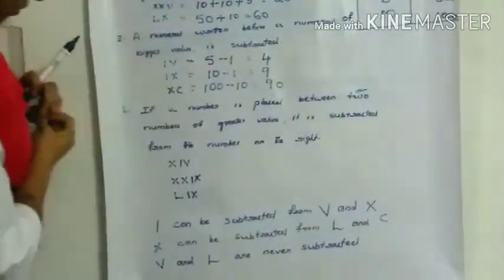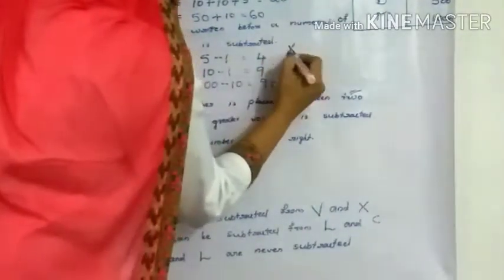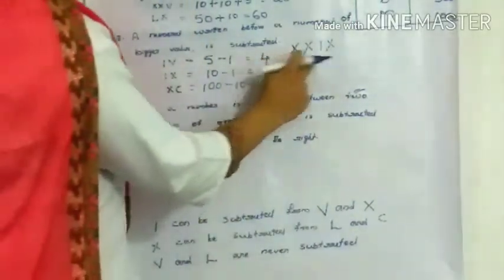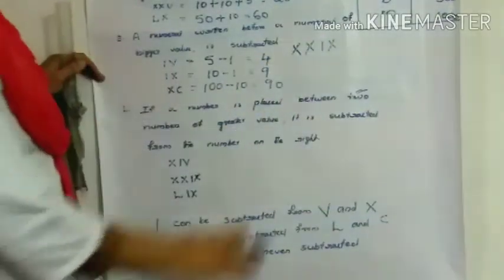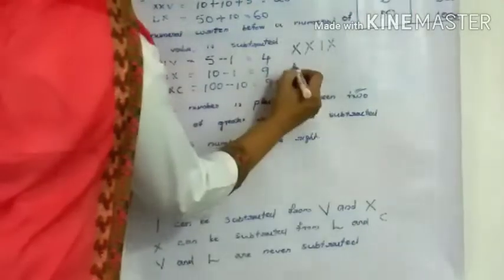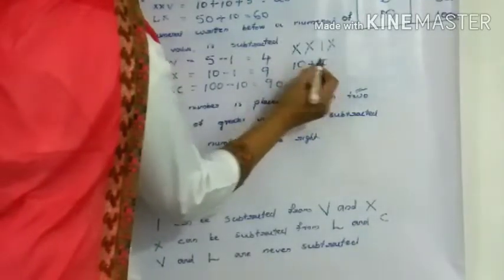Next example. Look here. These represent 10, so 10 plus 10, 20.